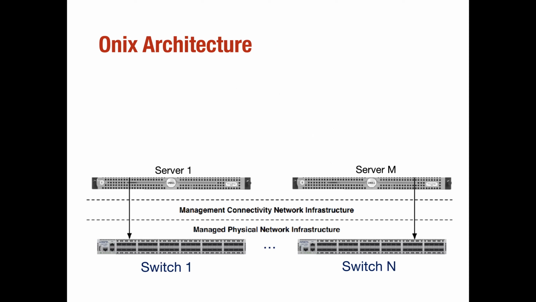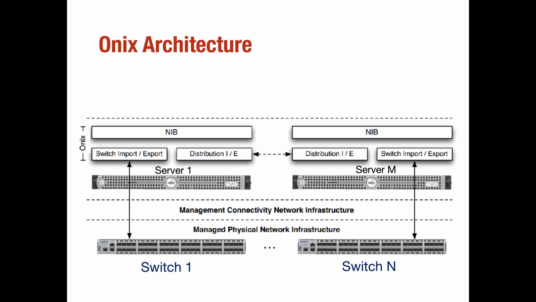Each of these servers implements the import and export of information through the southbound APIs. And there are the east-west bound APIs, that is the distribution of information across different instances of the servers, and each of them is offering a network information base. Now this network information base is important because that is the core of the distributed state abstraction, right?